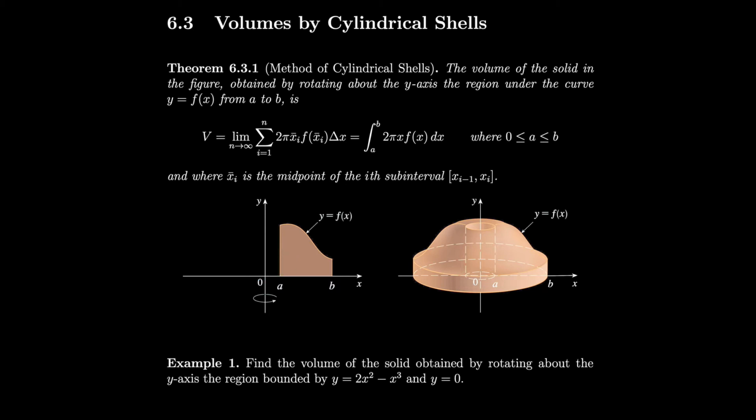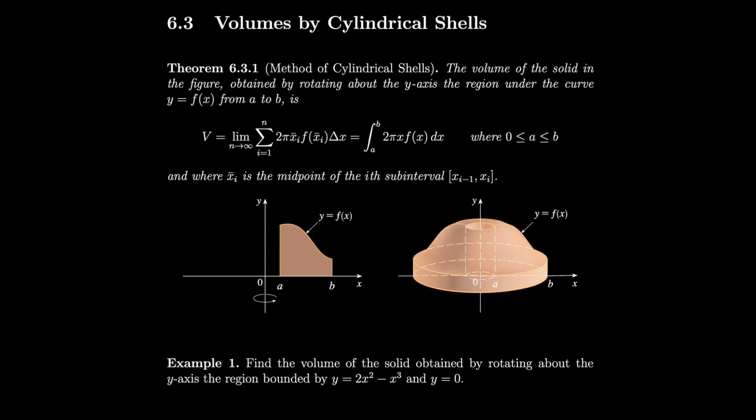With the shell method, instead of constructing a washer or disk and taking the volume of that little washer or disk, we construct a little cylinder around the center, and then we construct another cylinder around that one, and then another one around that one, and we nest all of these cylinders together until we get the exact volume of the solid, because we take the limit of the number of cylinders as that number tends to infinity, or becomes arbitrarily large.